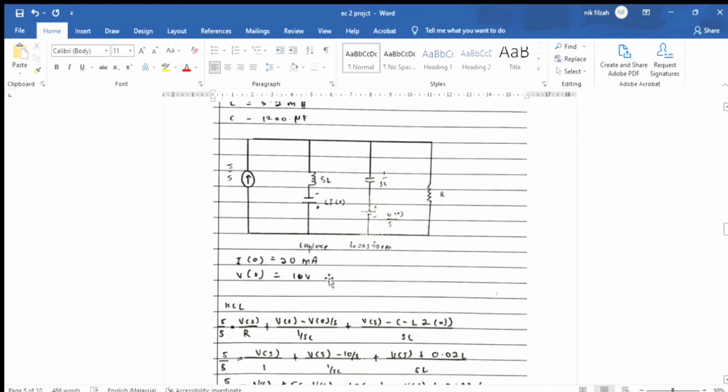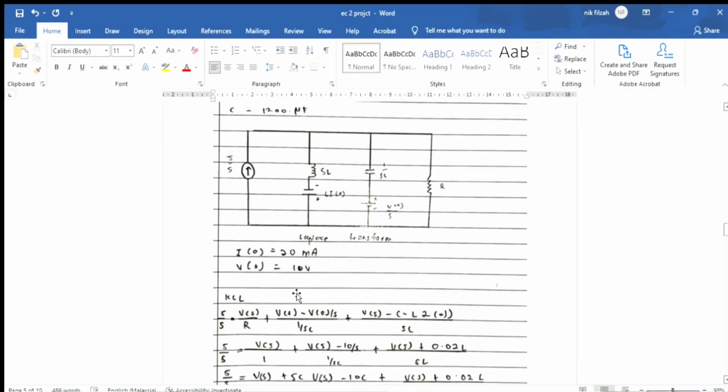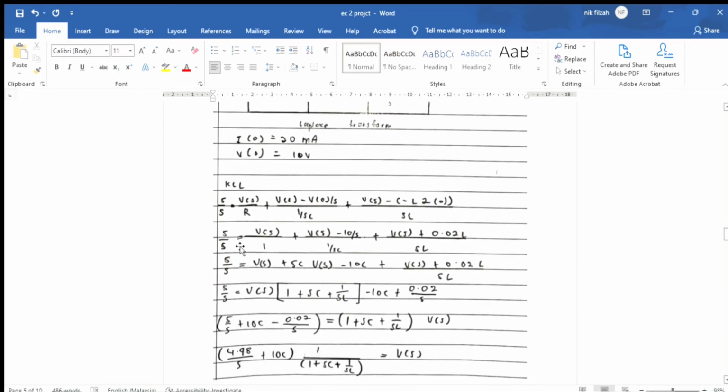So we use the Laplace transform, where IL is 20 milliampere, VC is 10 volt. So KCL is 5 over S equal to V over R plus (Vs minus Vs per second) divided by 1 per second plus (Vs minus negative L2) over SC.